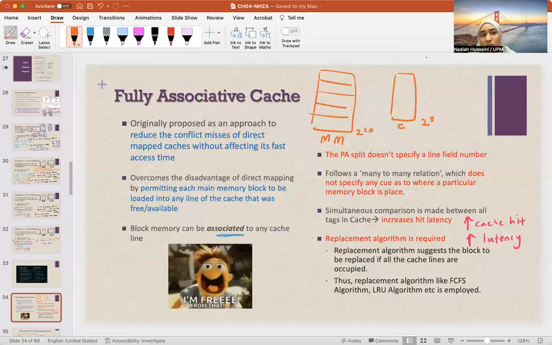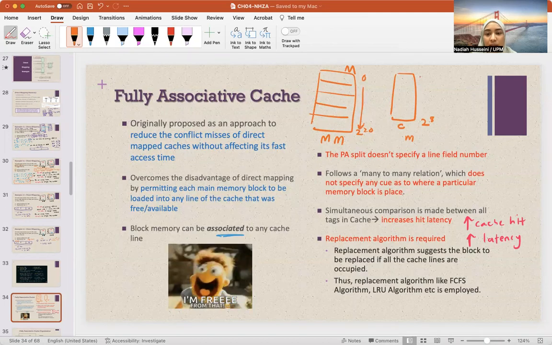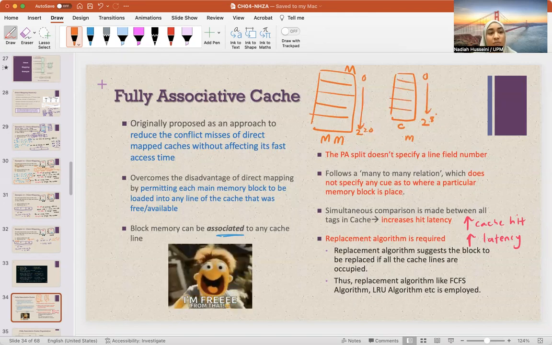The number of cache lines is always going to be smaller than the main memory. This is indicated by small m, and the main memory is indicated by capital M. So small m is 2 to the 8, capital M is 2 to the 20. The block number goes from 0 to 2 to the 20, and the cache line goes from 0 to 2 to the 8. The cache size is always smaller than the main memory as well because it is fast.